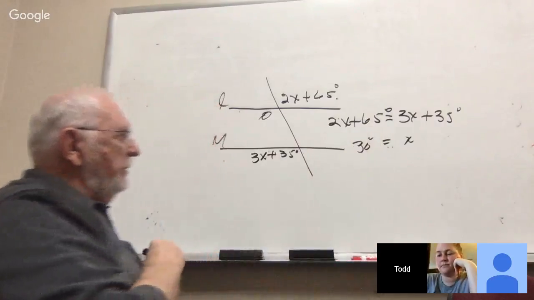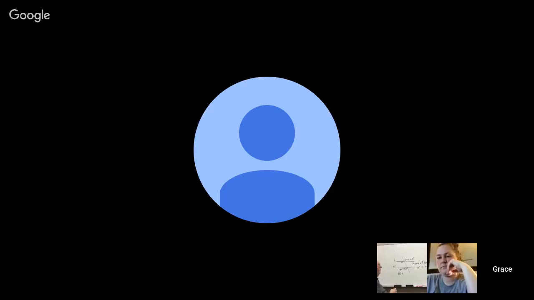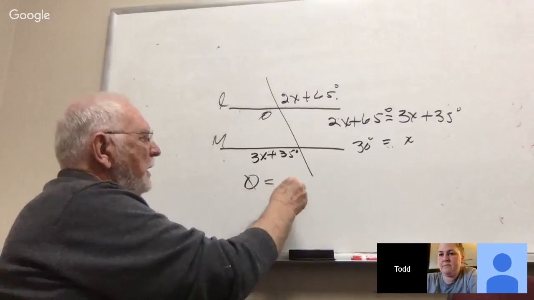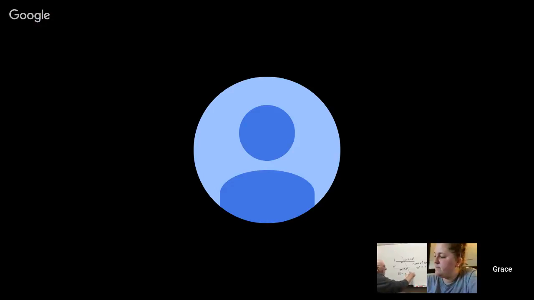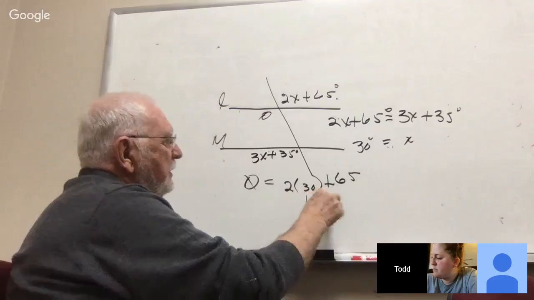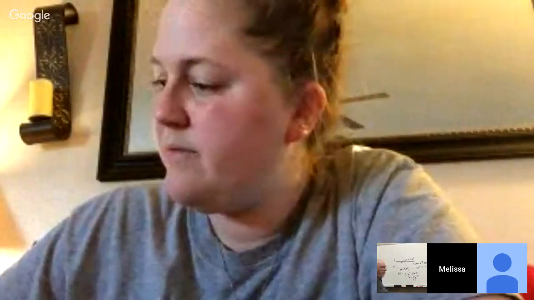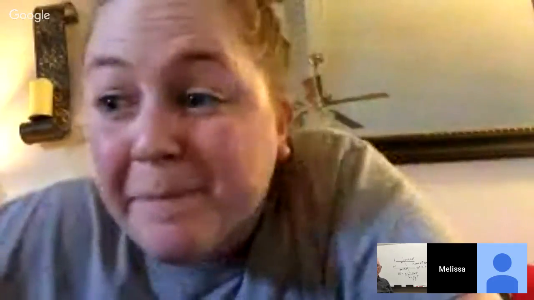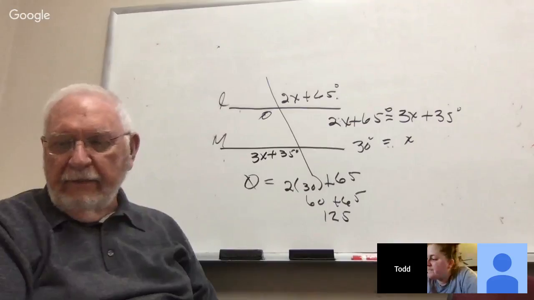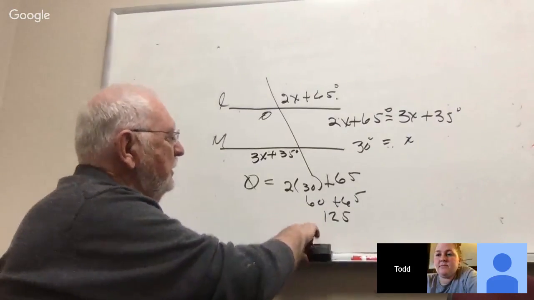So x is 30 degrees. So I'm allowed to be wrong. 2 times what? 30. That's 60 plus 65, which becomes 125. Yeah, 125. Easy enough. Okay, that's a simple start.